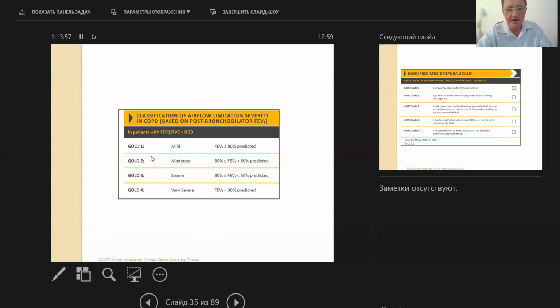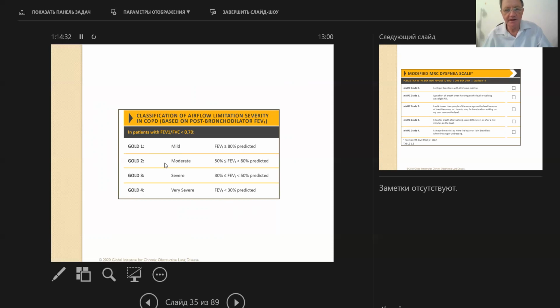If FEV1 is greater than or equal to 80% of the predicted level, it's mild, a mild degree of effort limitation. If forced expiratory volume is greater than or equal to 50% but less than 80% of the predicted level, it's moderate.